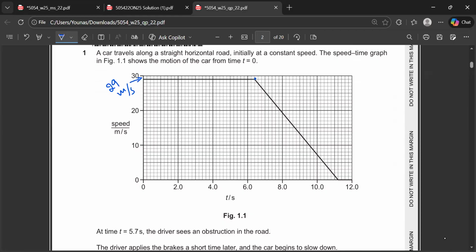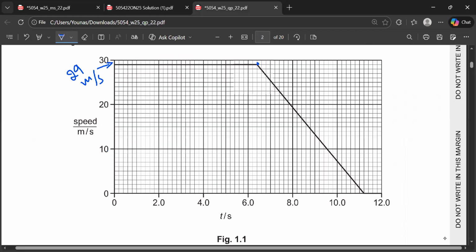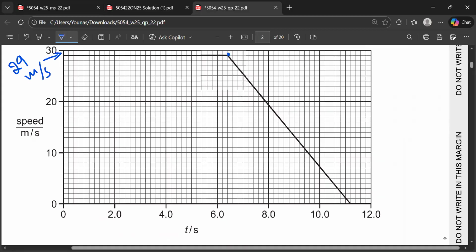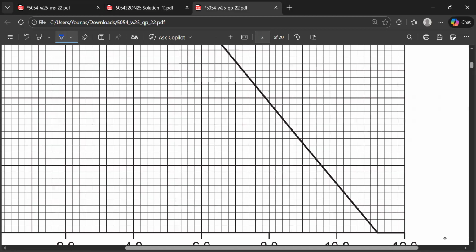He saw the obstruction at 5.7 seconds. Let me increase the size so I can show you. 5.7 will be here.